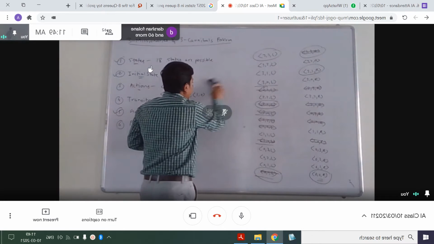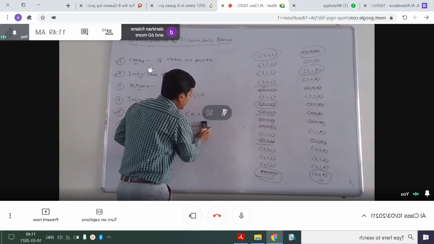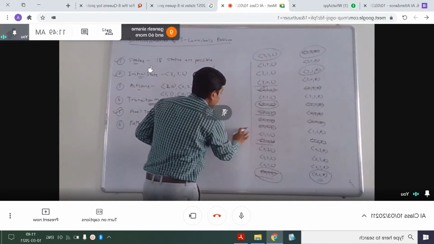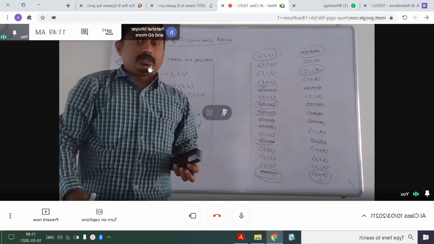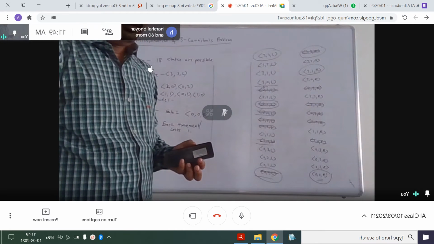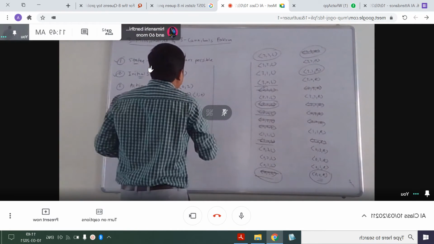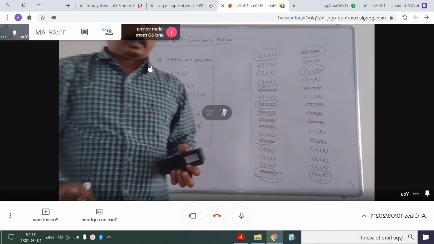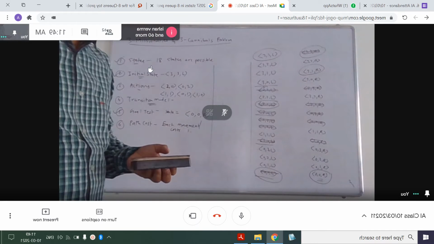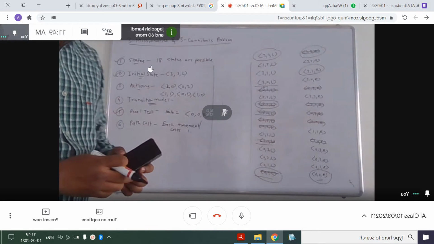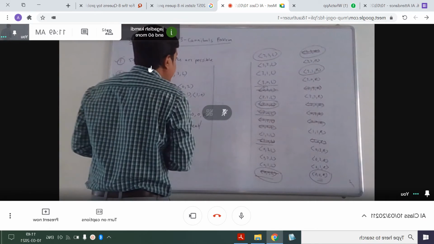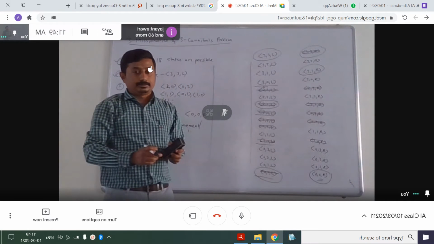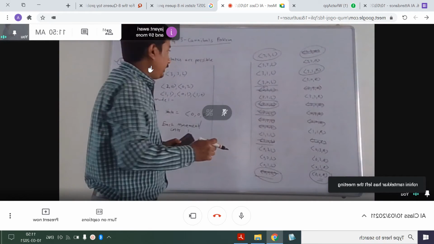So now, do you know the answer of this puzzle? How many moves, minimum number of moves, are required? Anyone? Okay, take 5 minutes.